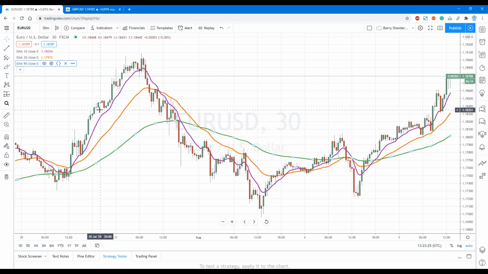We've got a 10, a 30, and a 90. The 10 period is the shortest period, and it's the fastest because it reacts a lot faster to the most recent price movements. The longer the period, the slower it reacts because it's moved over a very long period of time. And then we have the medium term period, which is the one that's in the center.